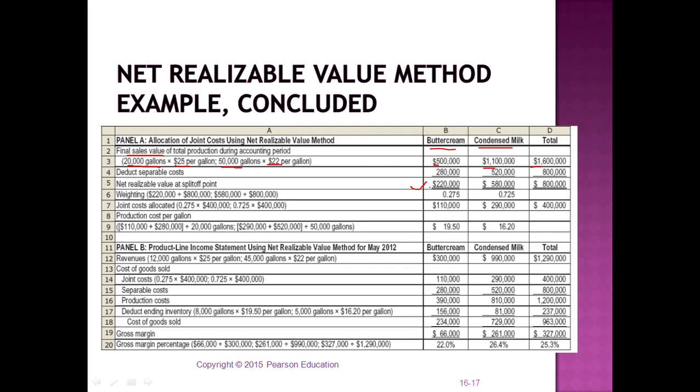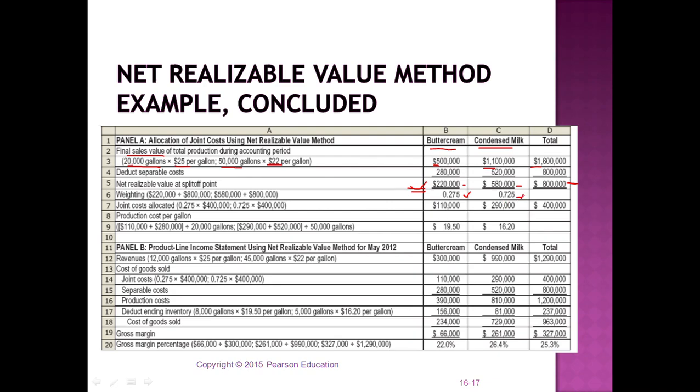Now you're going to use this as a basis for calculating the distribution percentage, right? So you take 220,000 divided by 800,000, which gives you 0.275 or 27.5%, and 580,000 divided by 800,000 will give you 0.725 or 72.5%.